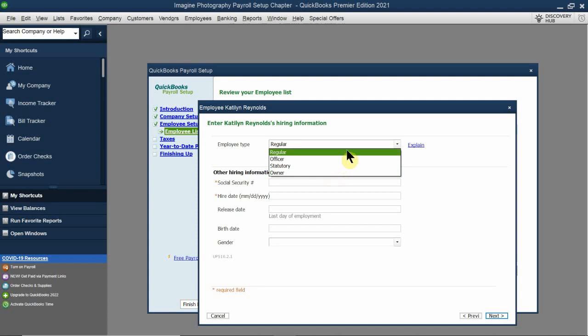So again, regular employees are the ones that you have full control over, okay? You tell them what to do, you tell them when to do it and how to do it. So in this case, she is a regular worker, okay?